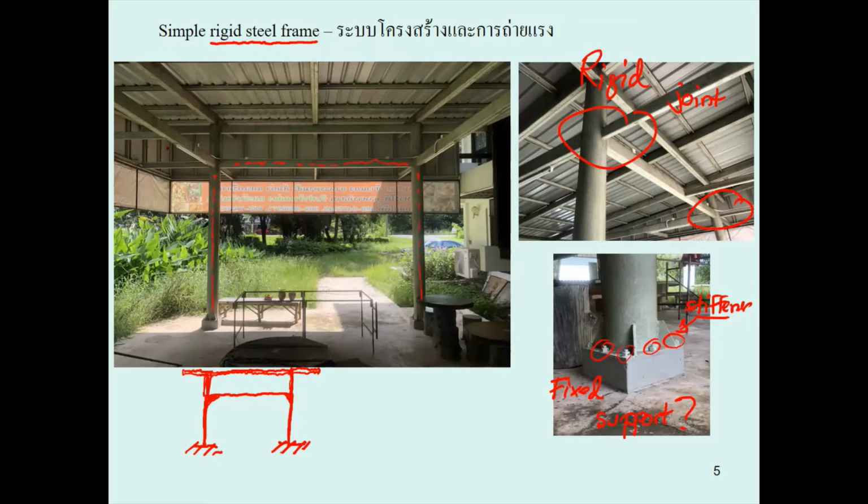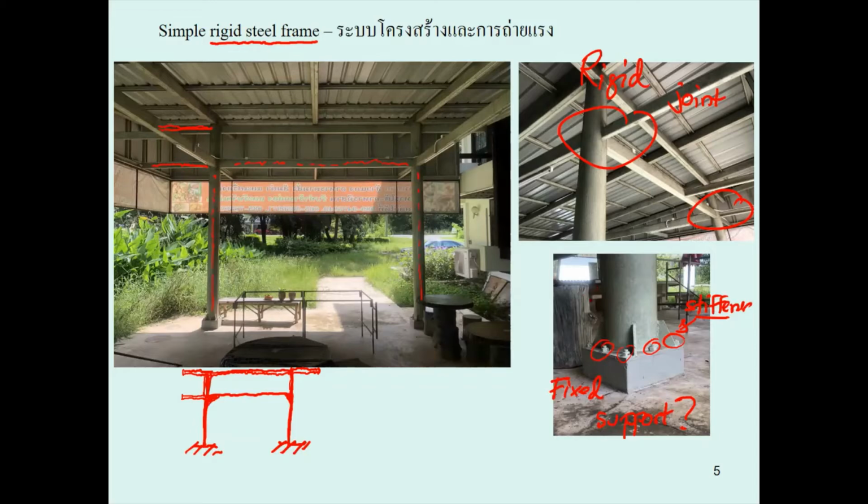And also, if you take a look on the left hand side, there is another cantilever out to take care of the cover of the structure. This cantilever takes care of the portion of the roof.